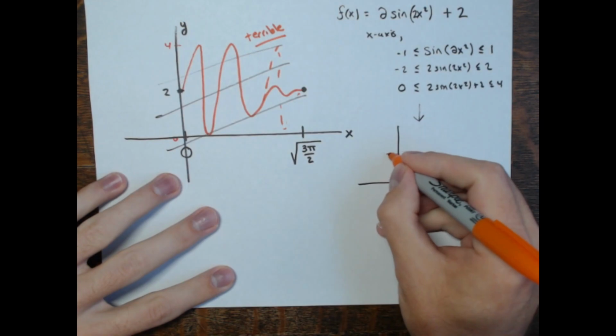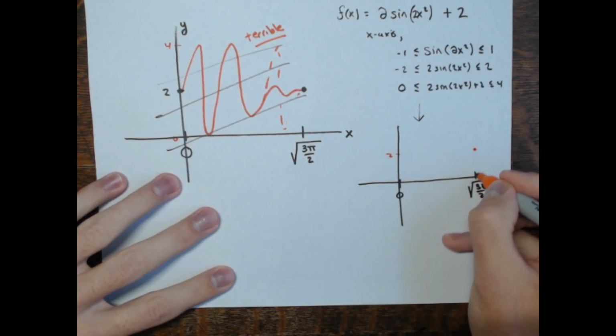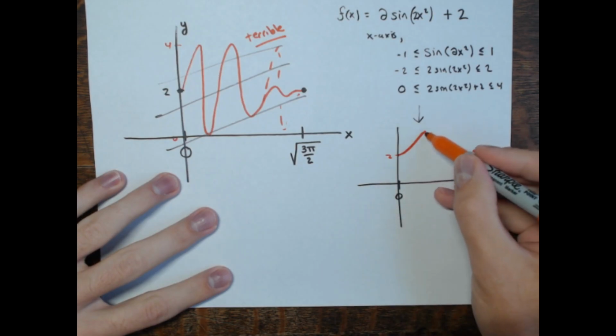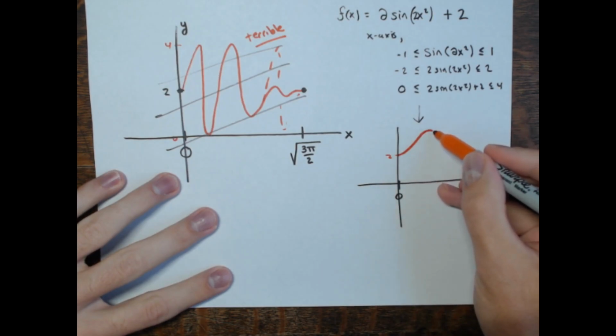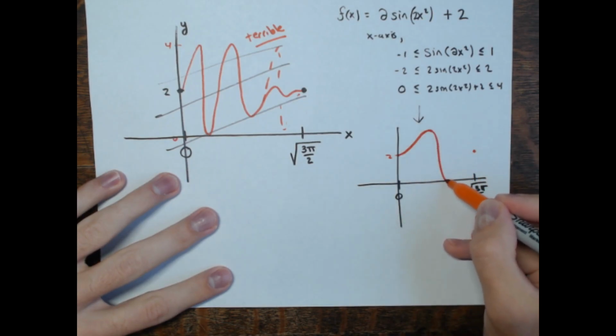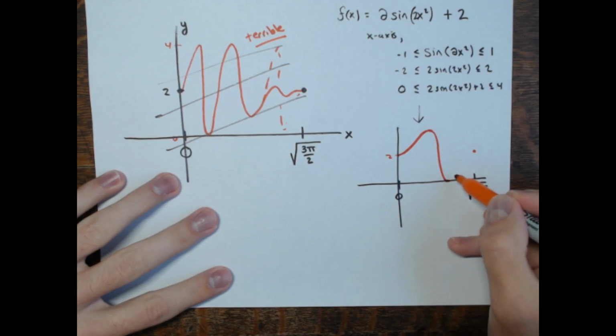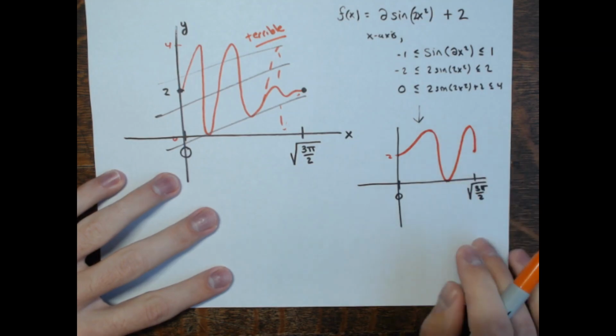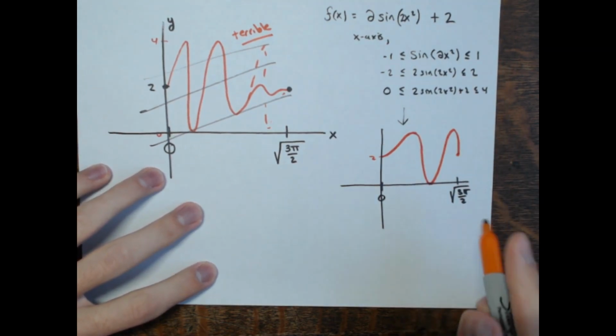Again, there was 0, 2, and it ends at this 2, and it looks like this. It loops up a bit to hit 4, down a little bit till it hits 0, and then back up to hit 4, and then back down to hit 2. So something like that, right? It looks something like that on my Desmos site.